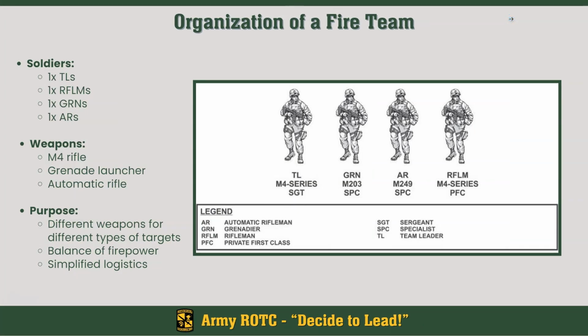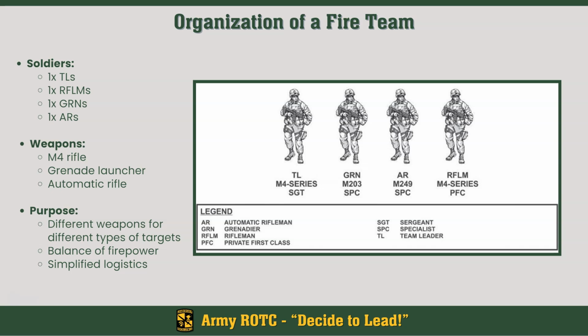All right, so now let's talk organization of our teams and squads. So we'll start at the basic. The fire team is the smallest, most basic element of the entire military, of the entire Army. So it's a 4-person team, typically has the team leader, rifleman, grenadier, and an automatic rifleman. Now, for basic fundamental understanding purposes, we use the infantry fire team and the infantry rifle squad for our understanding and our examples.